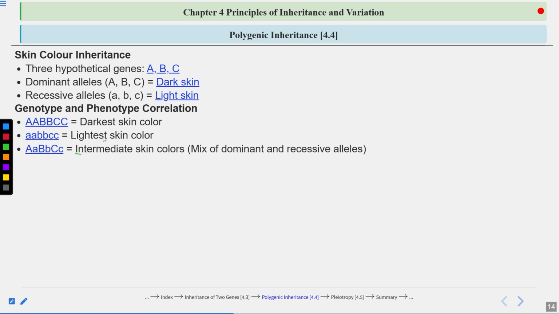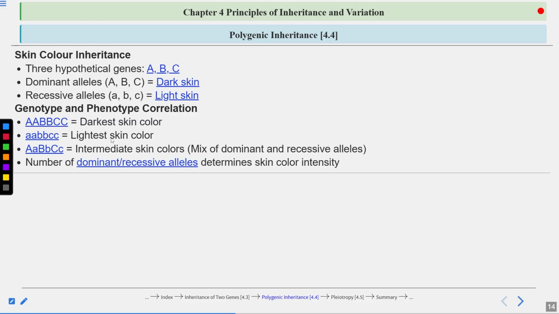The final skin color will depend on the mixture of dominant and recessive alleles. So this is known as the additive effect of the alleles. The number of dominant or recessive alleles determines the skin color intensity.